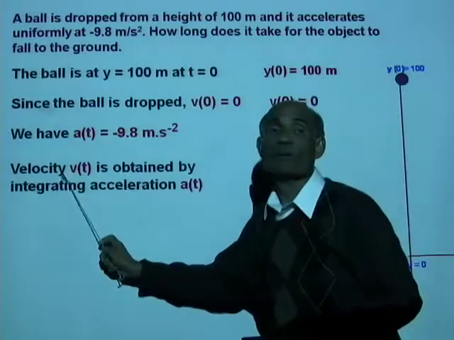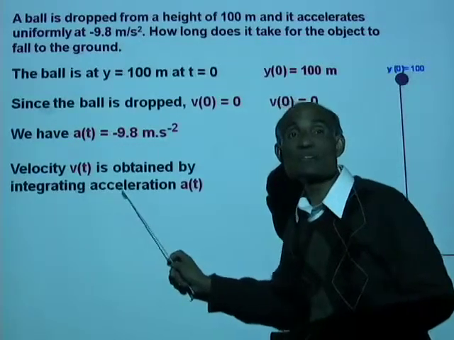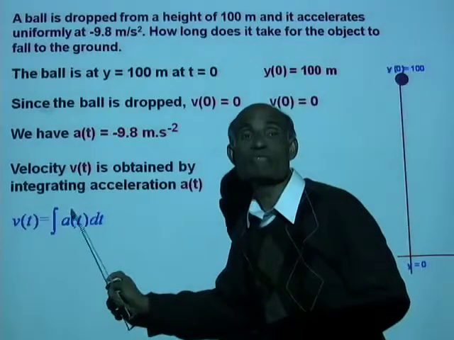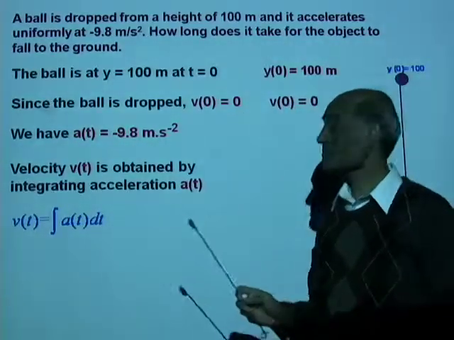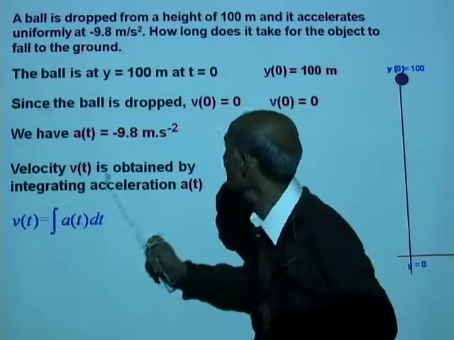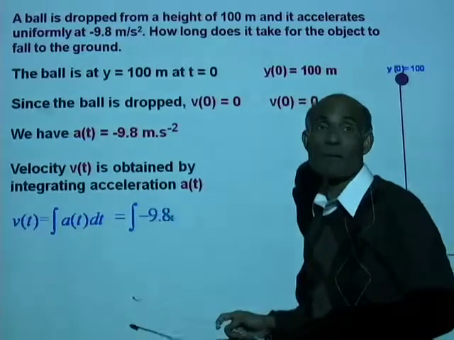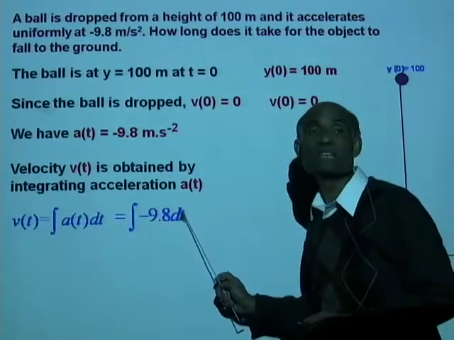Alright. Velocity V of t is obtained by integrating the acceleration function. So we get V of t is integral A of t dt, and A of t is negative 9.8. So let's replace that. That will be integral negative 9.8 dt.